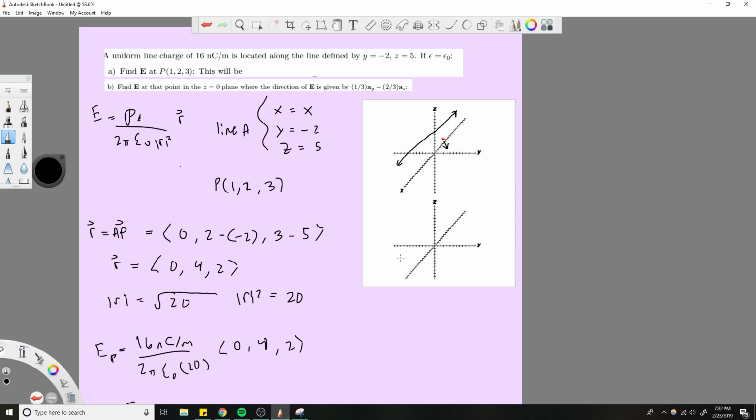Sorry, I lost my thoughts. So you still have the same line going in that direction. And now it wants to know where it's going to be if it's at the z equals 0 plane.